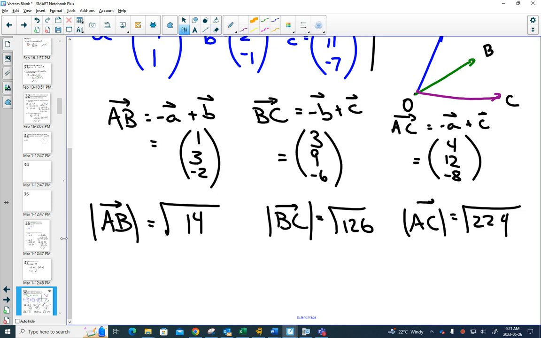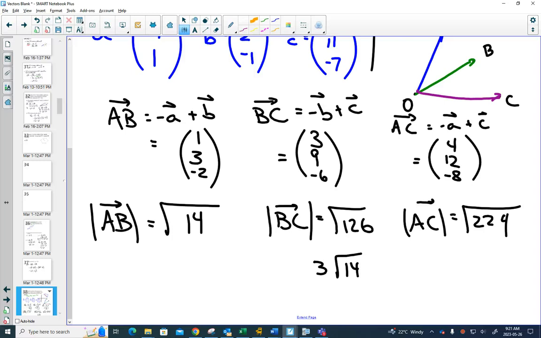Now, does this plus this equal this? How many 14s does it take? Do you know your 14 times table pretty good? There's 9 of them. So if this is 9 times 14, I could rewrite this as 3 root 14.